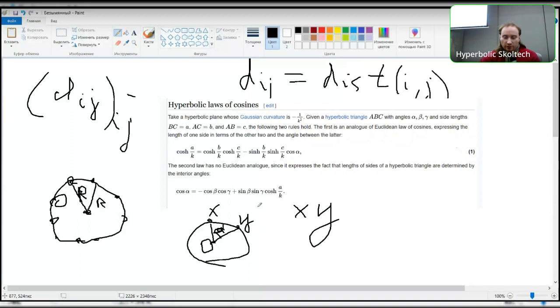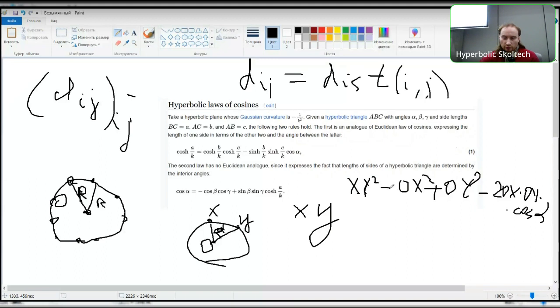In Euclidean geometry you have something like this, the cosine law.